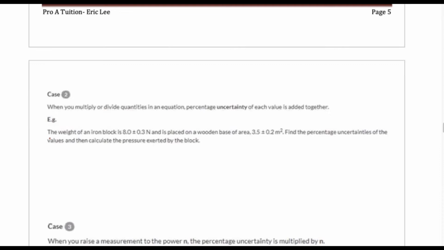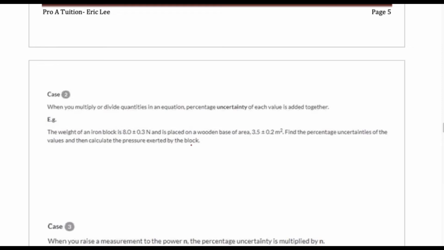The weight of an iron block is 8.0 plus minus 0.3 Newton and is placed on a wooden base of area 3.5 plus minus 0.2 meters squared. Find the percentage uncertainties of the values and then calculate the pressure exerted by the block.